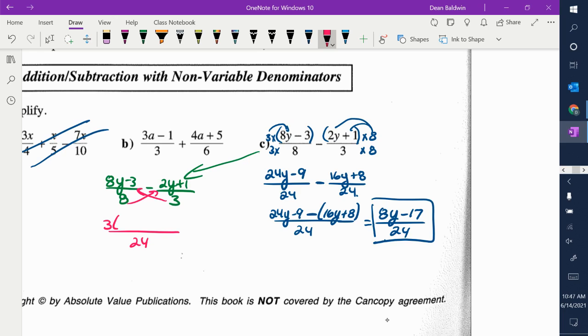So it's going to be 3 times 8y minus 3, minus 8 times 2y plus 1. And then expand this, and you will get that. Okay? Is that okay? It's the exact same stuff you've been doing, except the fractions look a little different. That's it.